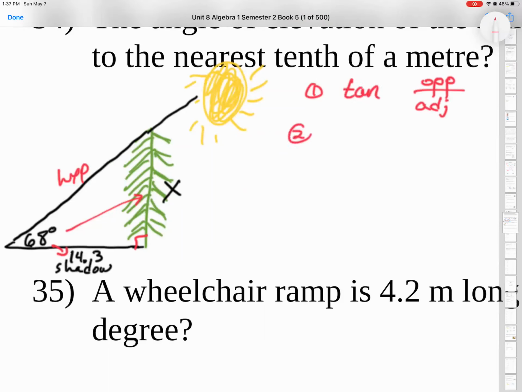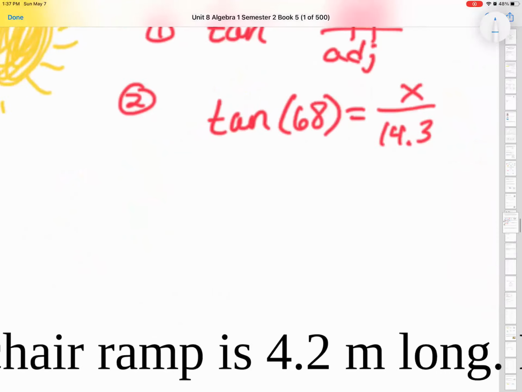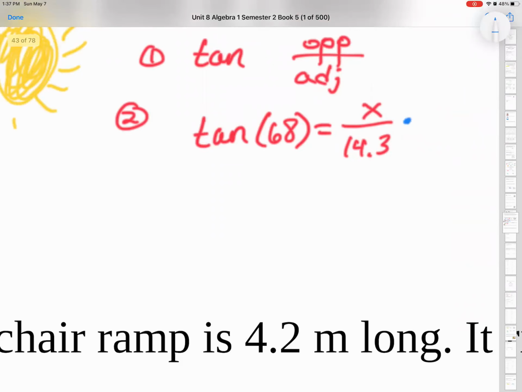Step two, we're going to go ahead and kick in our equation. So the tangent of 68 degrees equals opposite. We don't know what it is. It's X over adjacent is 14.3. And now we go ahead and solve for X. We are going to multiply both sides by 14.3.